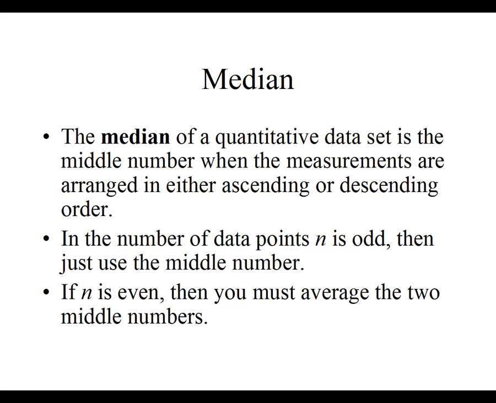It's possible, of course, that they do, but that's not the process. So again, N is the number of data points we're going to have. If N is odd, you just find the middle number. If N is even, however, you must average the middle two numbers to find the median. And this next example, since we're going to use the same data, had only 6 data points, we'll find the average of the middle two.